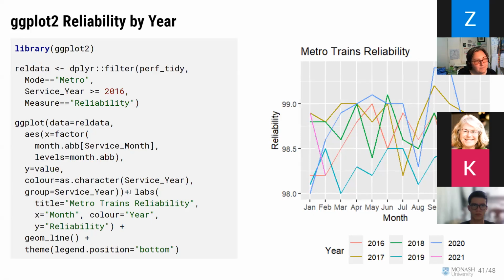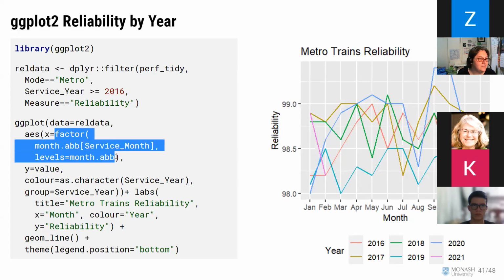Then there's plus labs title. You can give the graph a title, and I've overwritten the X and Y axes, because if you don't say x equals month, you're going to get all of that as a little title down there, which looks ugly.